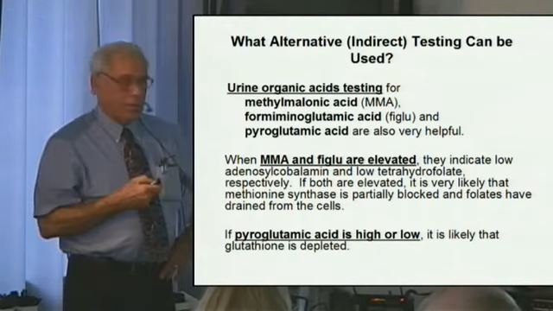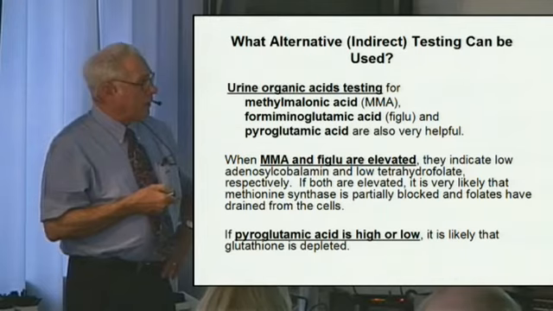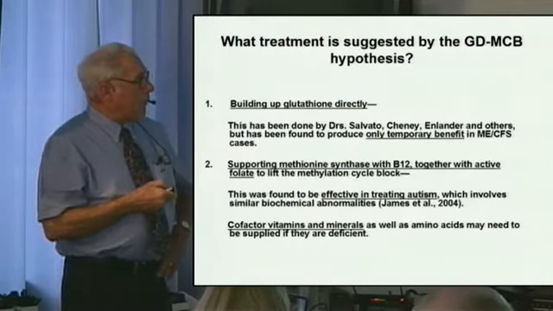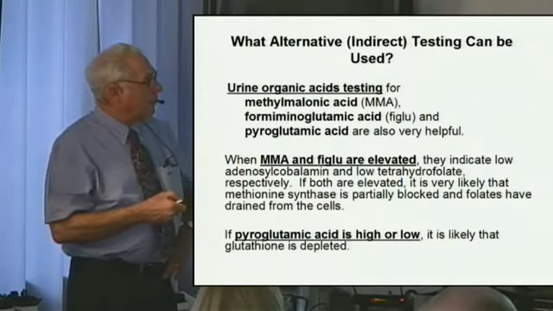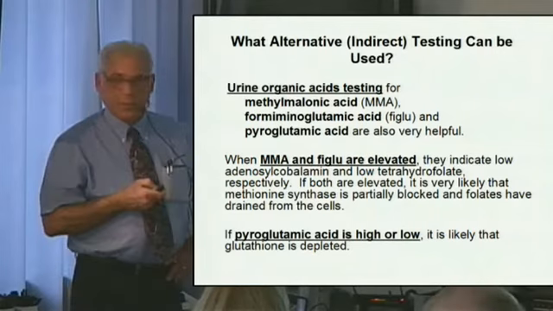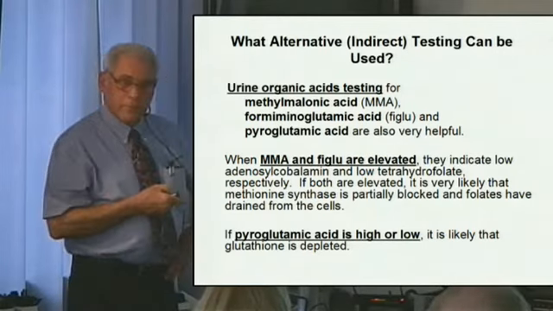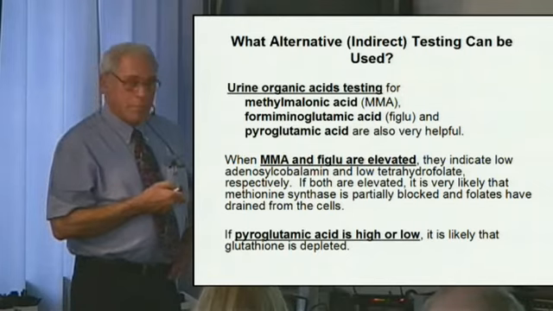One is the methylmalonic acid. This is the FIGLU, and that's the pyroglutamic. And when MMA and FIGLU are both elevated, when they're both high, that's pretty good. Okay. That's a pretty good indication that you have a problem in the methylation cycle, because one of those is looking at B12 dysfunction or a functional deficiency, and the other is looking at a problem with folate.